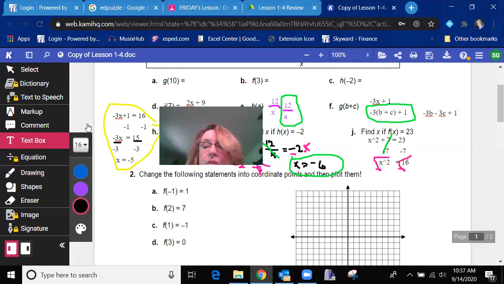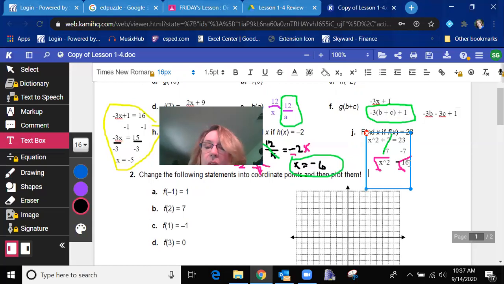So to unsquare the square, now I just have x equals, and then I think what number times itself is 16? 4. And the tricky part, actually there are 2 answers, because negative 4 will also work.